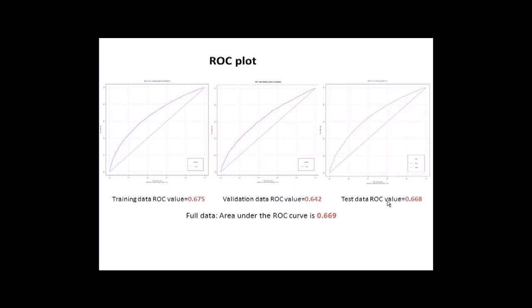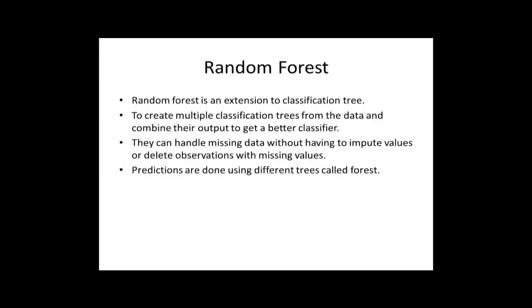Now we'll move on to the random forest model. A random forest is an ensemble of unpruned decision trees. Ensemble models are often used to reduce variance and bias. Random forests are often used when we have large training datasets and particularly a very large number of input variables.